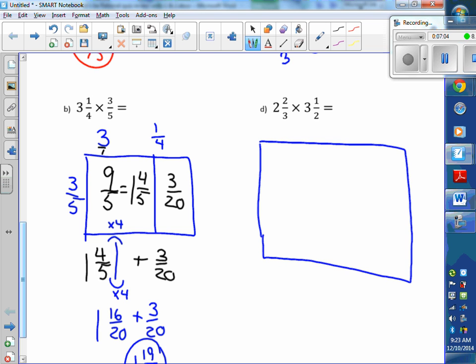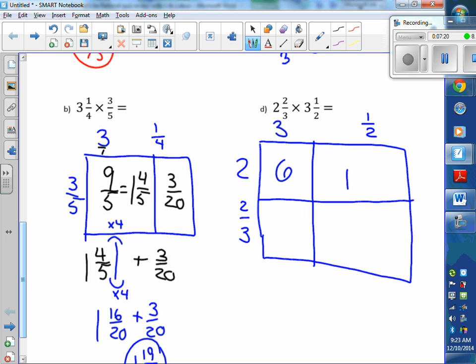So this is 2 2/3 times 3 1/2. 2 times 3 is 6. Half of 2 is 1. This is 2 times 3, which is 6, over 3 times 1, which is 3, which is the same as 2.